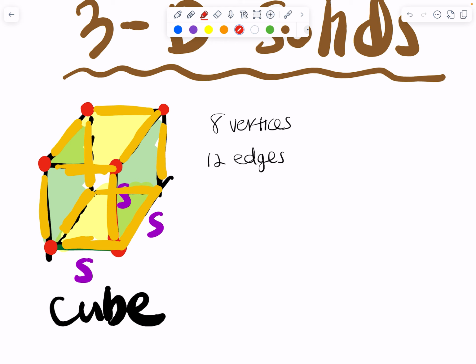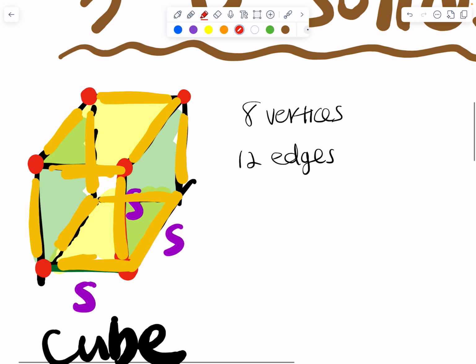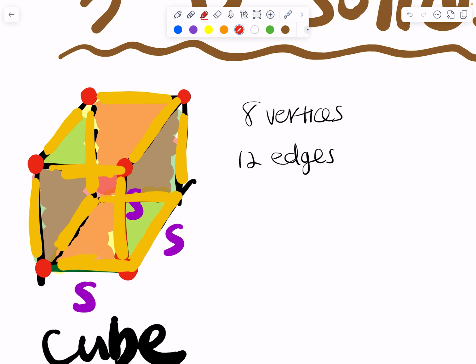There is the front and the back. So there are 3 pairs of opposite faces facing each other. They're parallel and congruent. It means there are 6 faces.